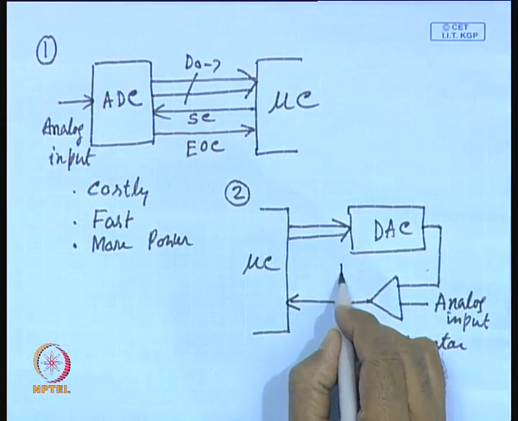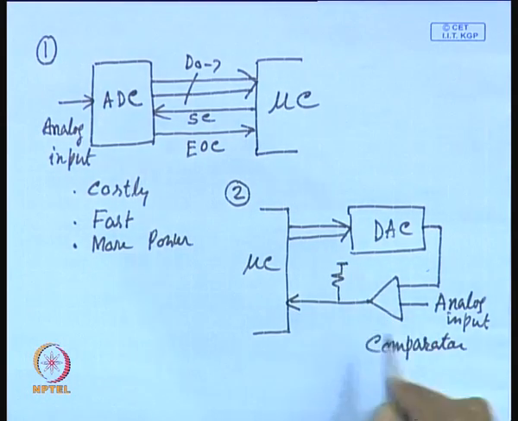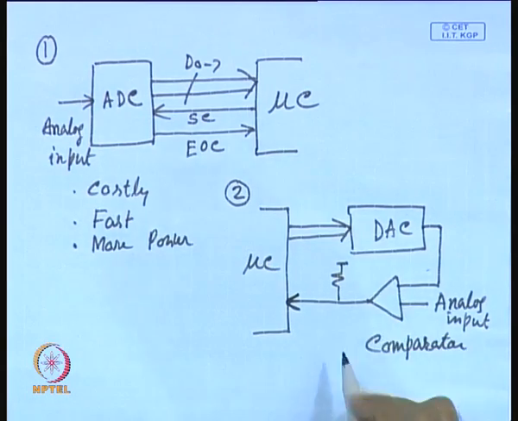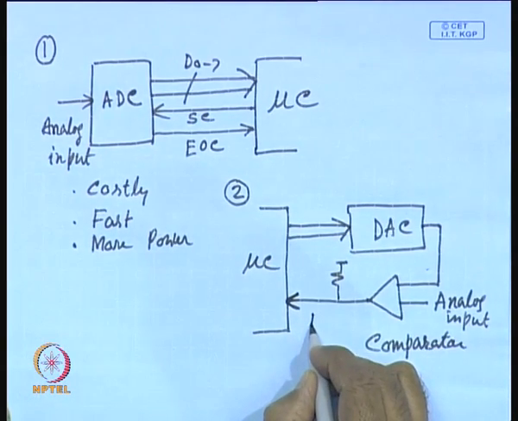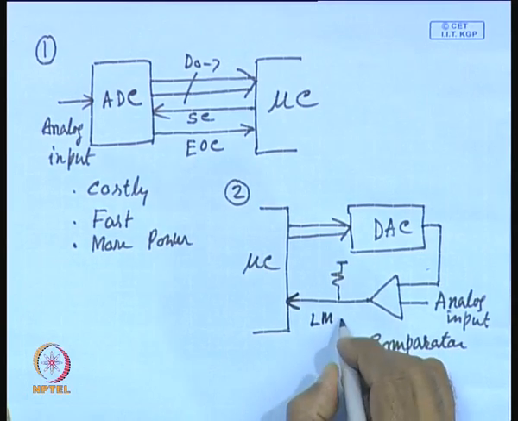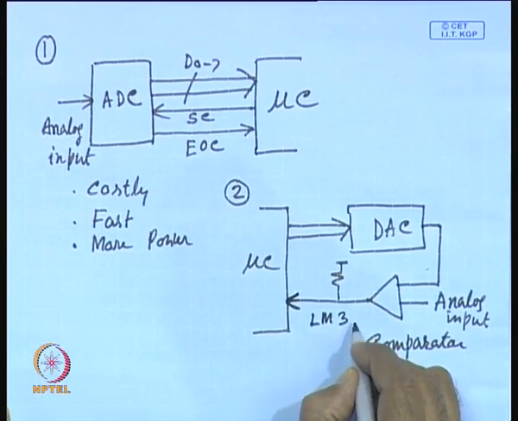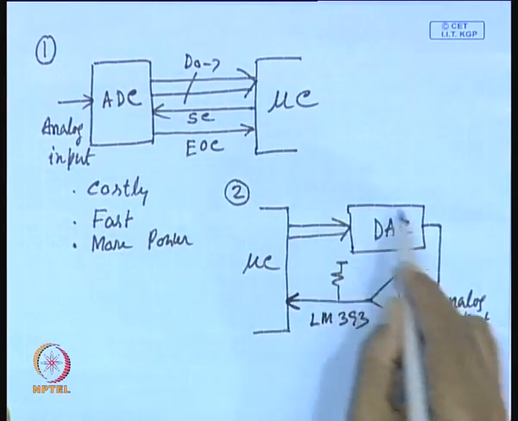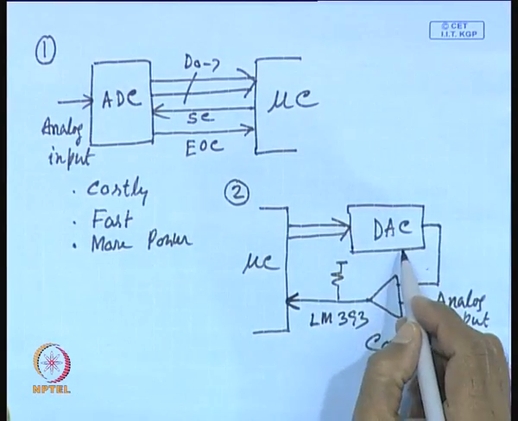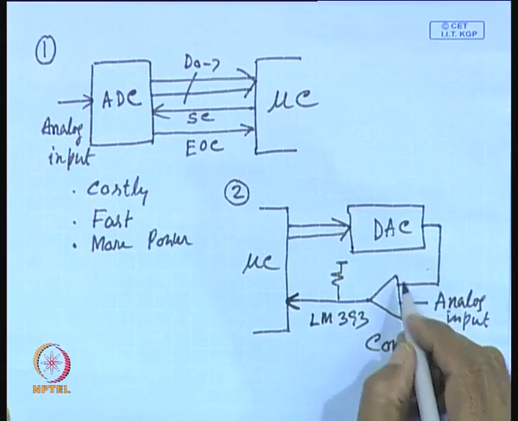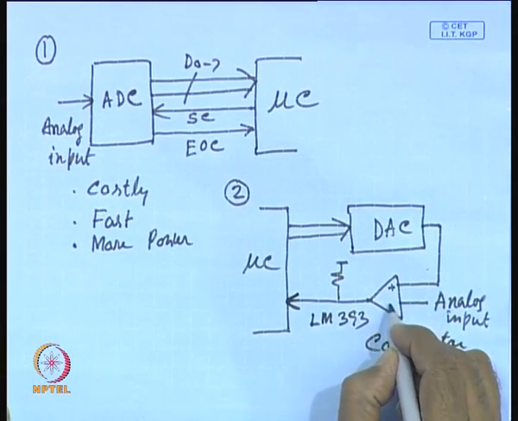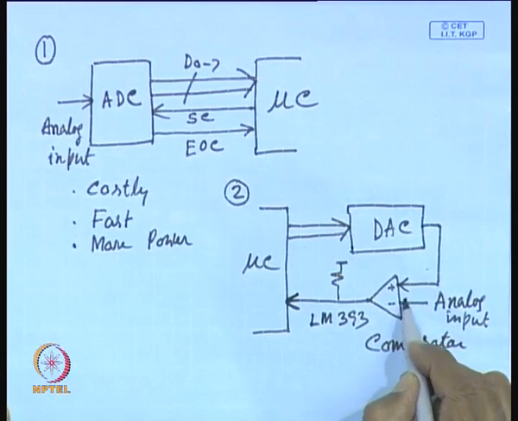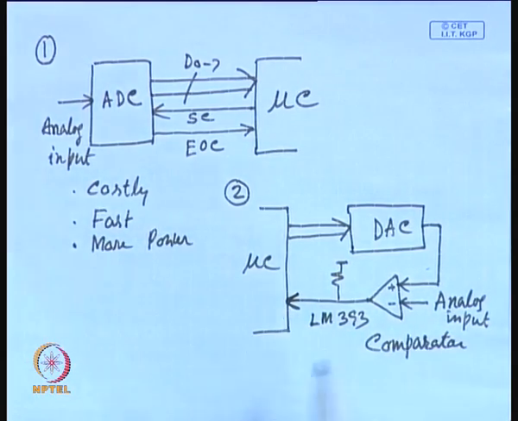Usually a pull up resistor is needed for interfacing it to the microcontroller, because this comparator can be implemented by using say an LM393 chip. So, this is how you can interface a digital to analog converter, apply its output to a comparator, and feed the comparator output to the microcontroller.